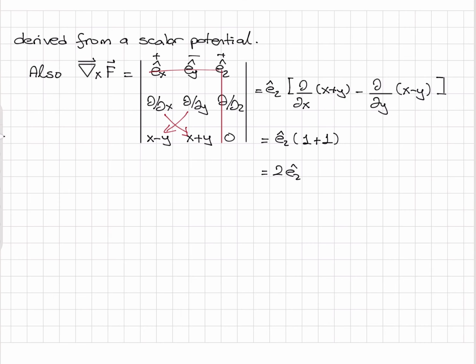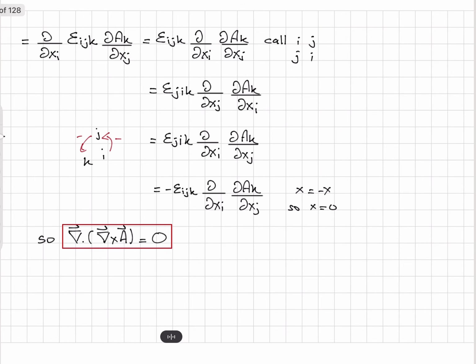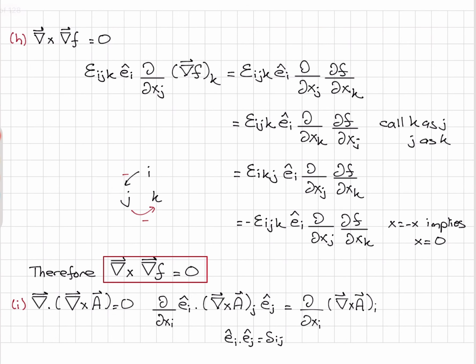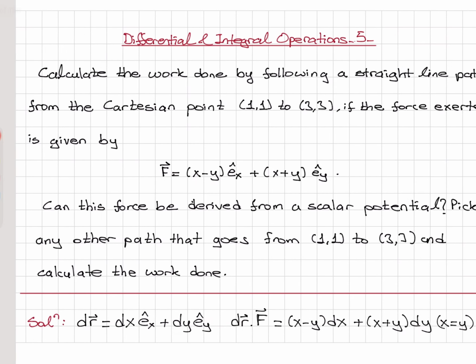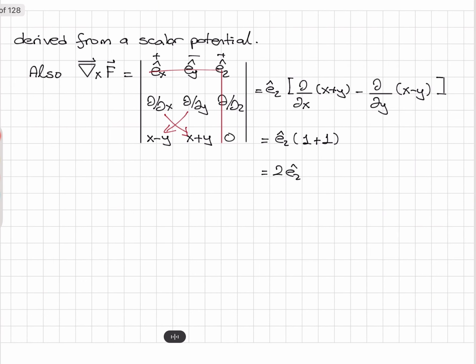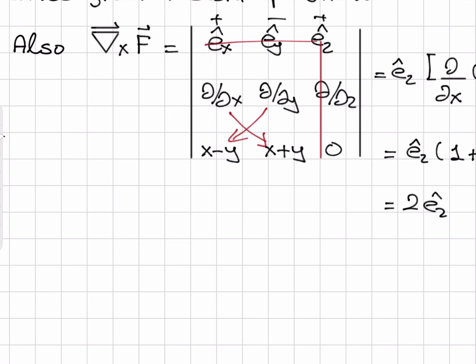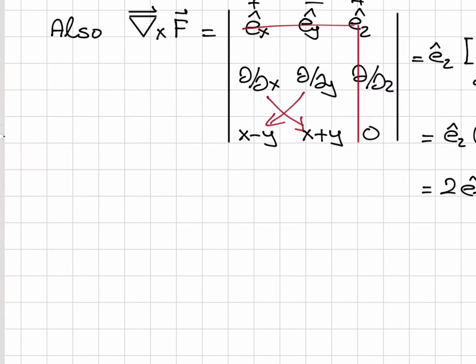Okay, now why is this important? Going back to the previous problem, we have shown that curl of a gradient is 0. So if the curl is non-zero, that means it cannot be written as the gradient of something.